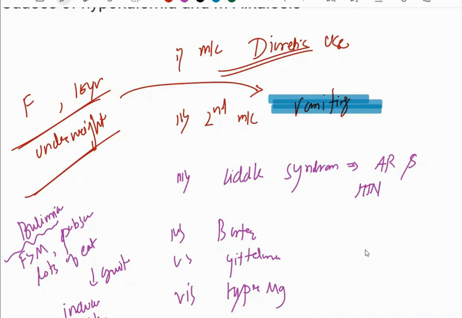Let's discuss the other causes. Why do hypokalemia and metabolic alkalosis usually present in diuretic use?